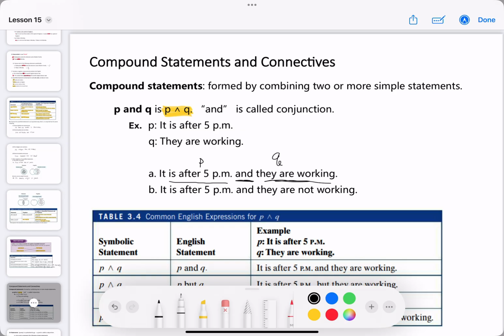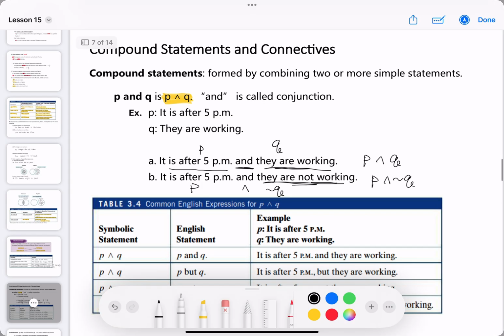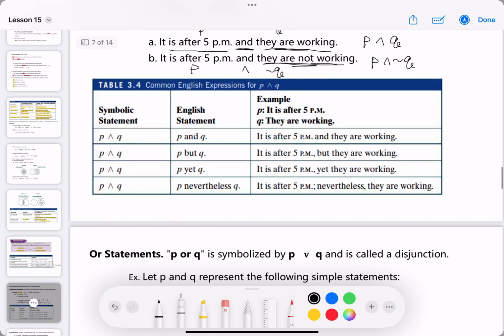Then I know how to combine these two together: P and Q. For the second statement, it is after 5 p.m. is my statement P, and they are not working is the negation of Q. So P and not Q is the symbol of the second statement.